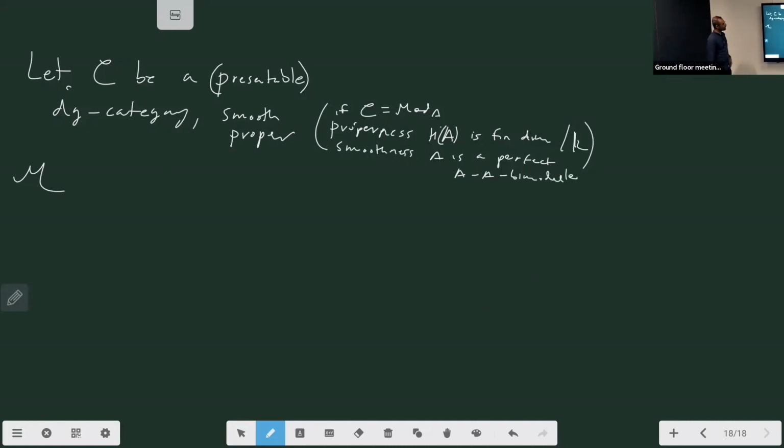So if you have a smooth and proper DG category, actually you don't need the full strength of smooth and proper, but let me stick to that case.